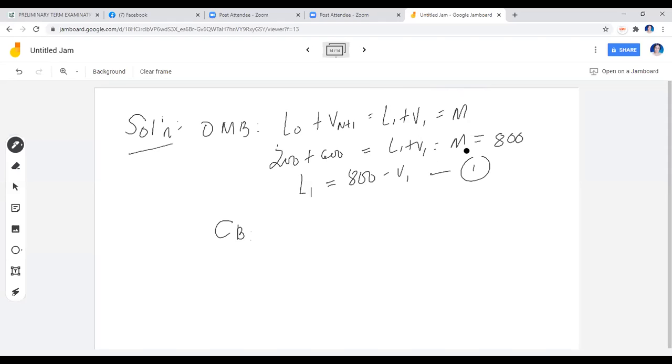As I've said, this problem is solved both analytically and graphically. So I'll set up a component balance on A. So Vn plus 1 YA n plus 1 equal to M XAM.